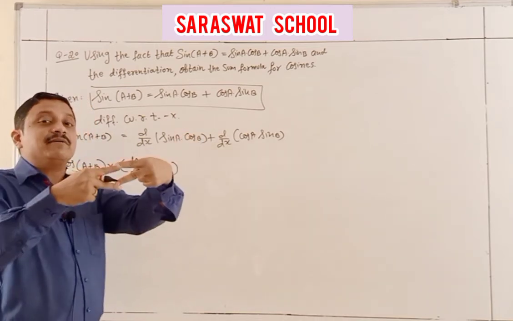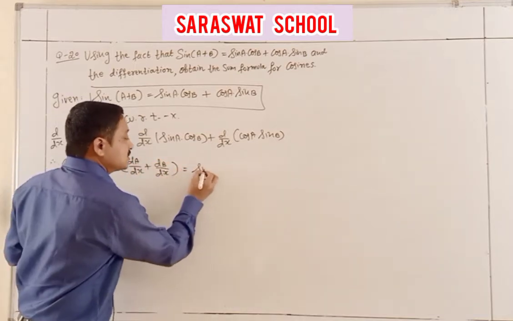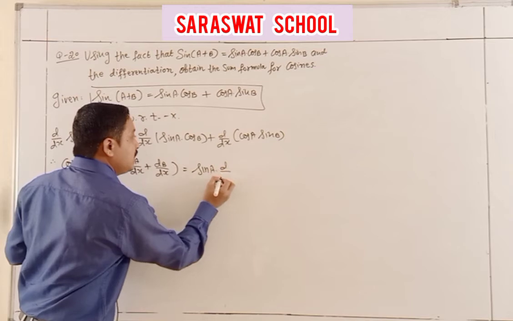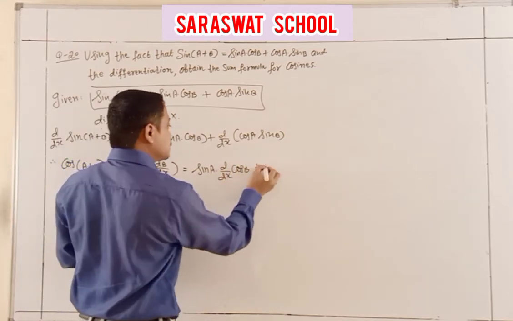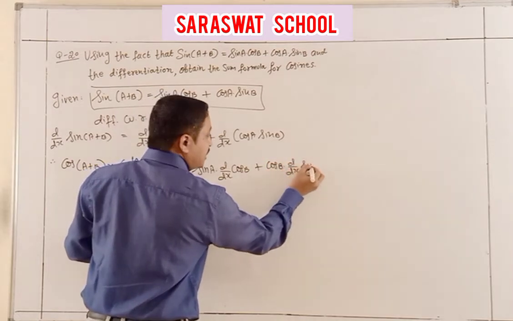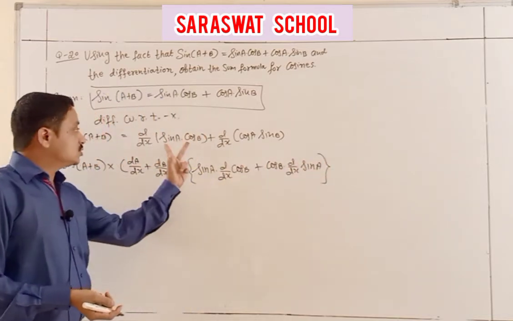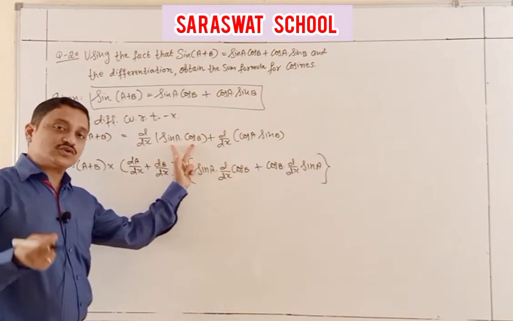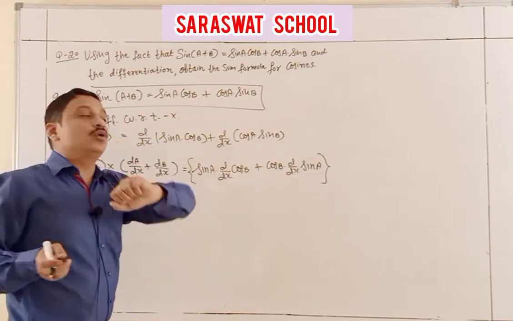So apply the product rule. First, the derivative of cos B times... plus cos B times d/dx of sin A. These need the product rule and after that the chain rule. Here also the same product rule.